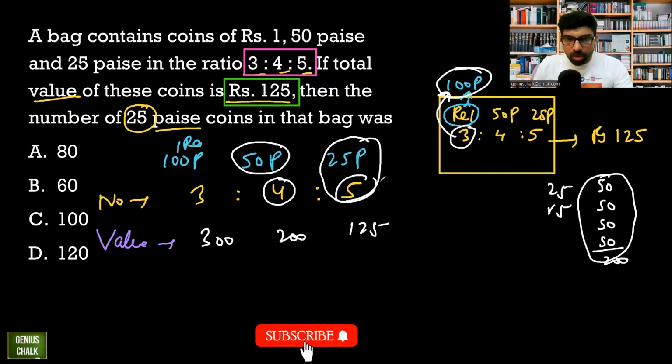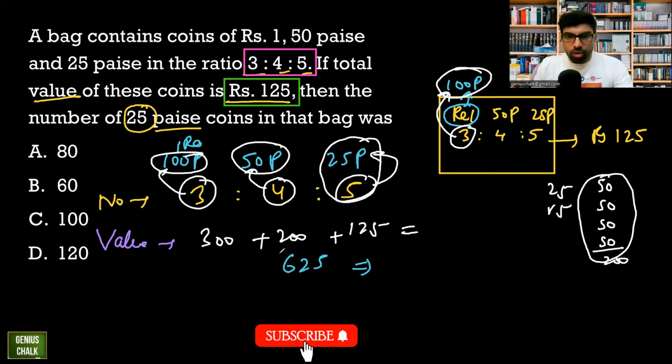So basically you just multiply the number ratio with the denomination. What is the total in your bag in paisa? 300 plus 200 plus 125 becomes 625. 625 units is the total value of your money. Now, the value of money here is rupees 125, which is 12500 paisa, because I have converted everything into paisa.